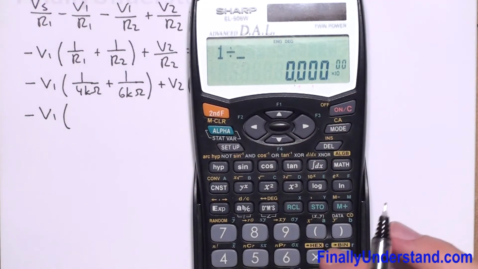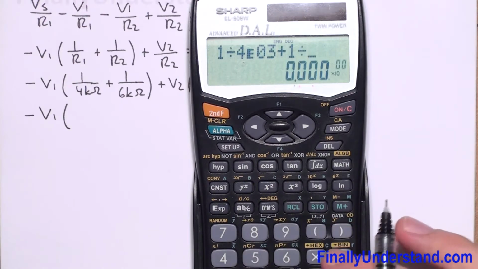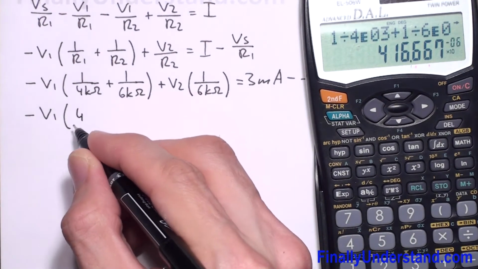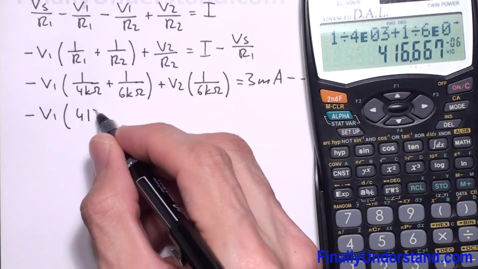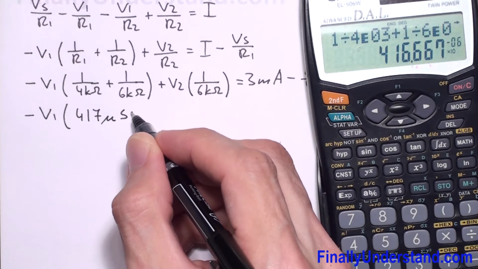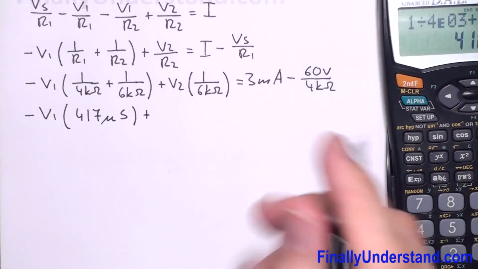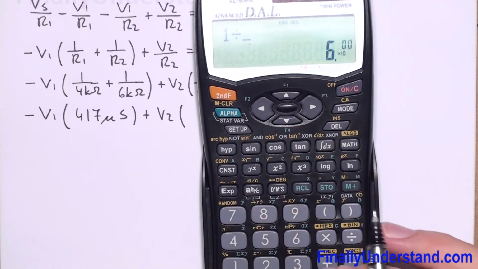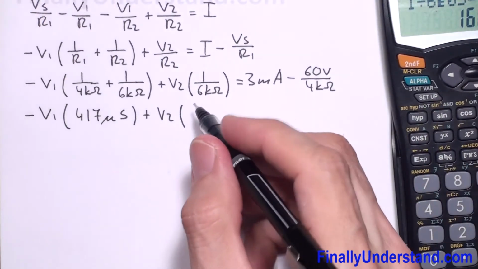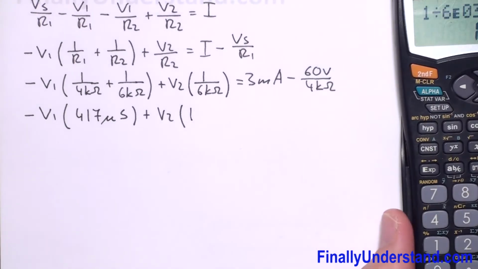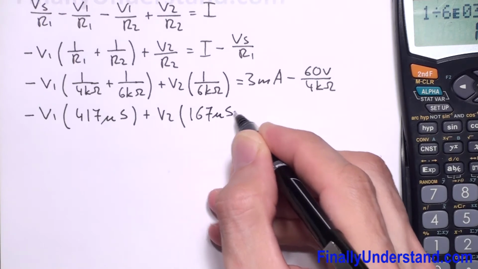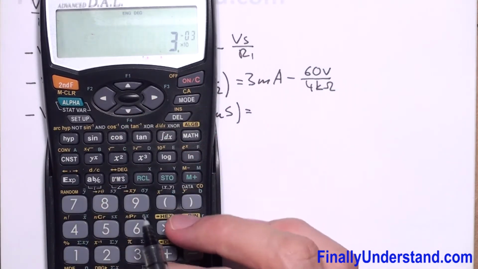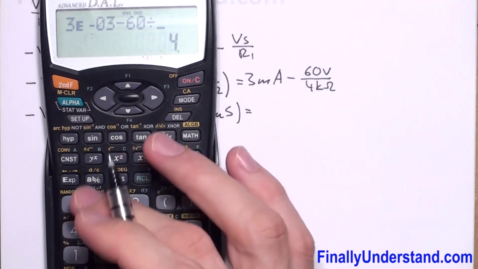So I have 1 divided by 4 exponent 3 plus 1 divided by 6 exponent 3 is equal, I would say, to 417 microsiemens, plus V2, and I have 1 divided by 6 exponent 3 is equal, I would say, to 167 microsiemens, is equal to 3 exponent negative 3 minus 60 divided by 4 exponent 3.